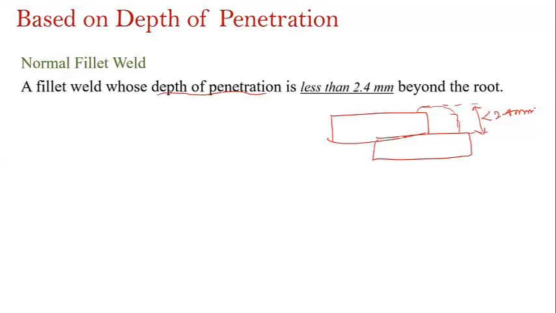Depth of penetration is nothing but the total depth of the weld. You can provide the fillet weld either at the top or at the bottom. If the total depth of penetration is less than 2.4 mm, it is called a normal fillet weld. This is the criteria of a normal fillet weld.